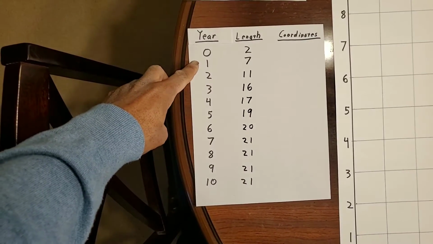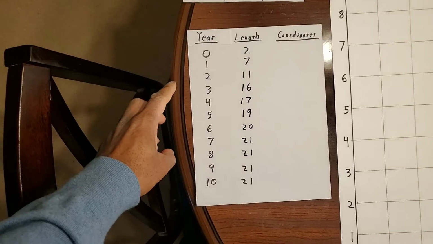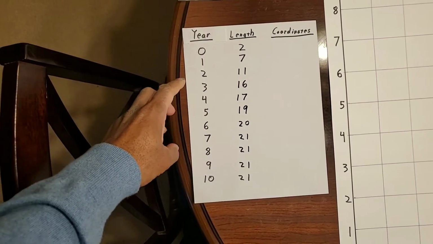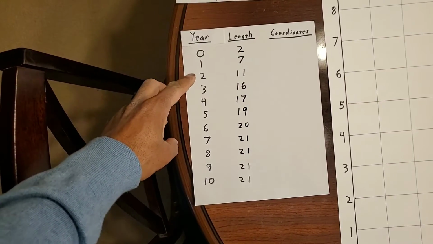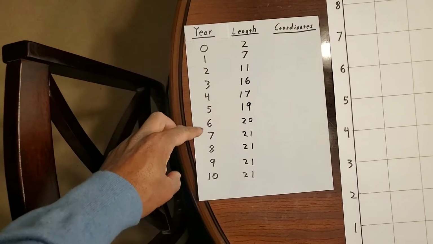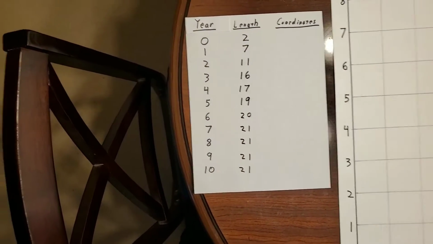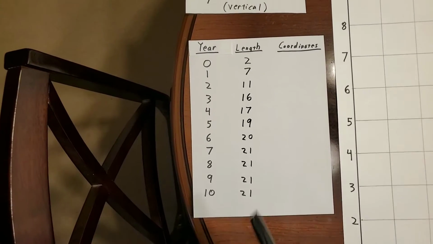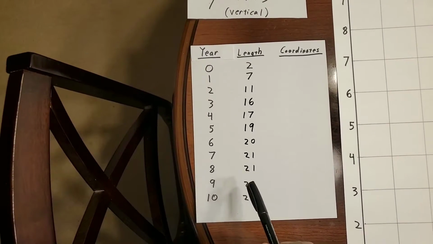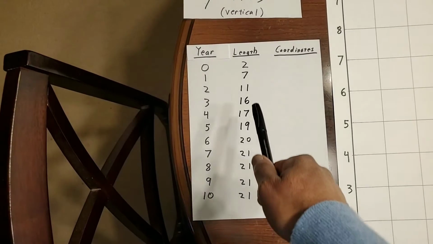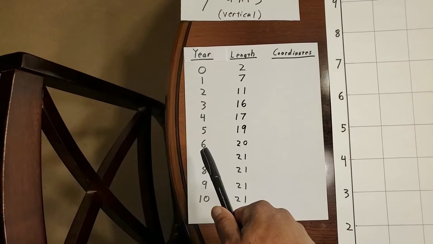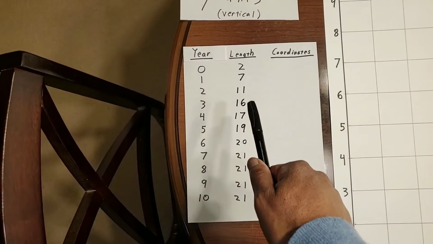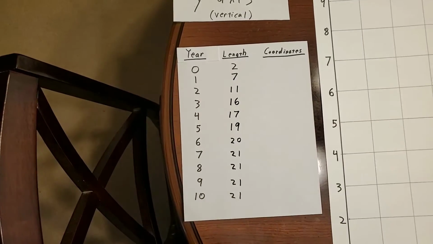This shows you the length in the first year, the length in the second year, the length in the third year, fourth, fifth, sixth, going all the way to the 10th year. So this is a year, and this is the length that it grows each year. By the end of each year, this is how long it grows in inches.